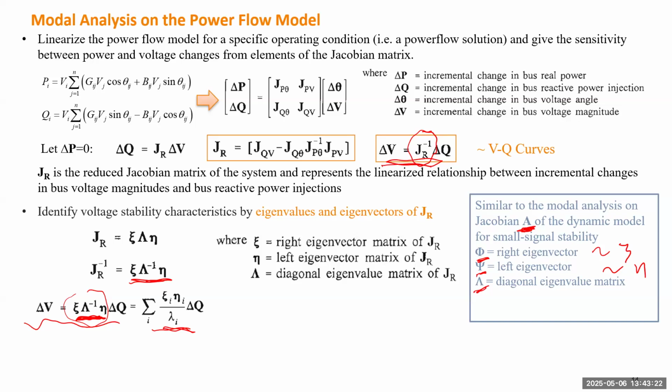Each atom has a product of one right eigenvector and one left eigenvector divided by the eigenvalue. Here I is the index of the eigenvalue. If the system has a dimension of n, there will be n lambda I, and each lambda indicates one mode. Here we assume the eta will be the inverse of Kasai.